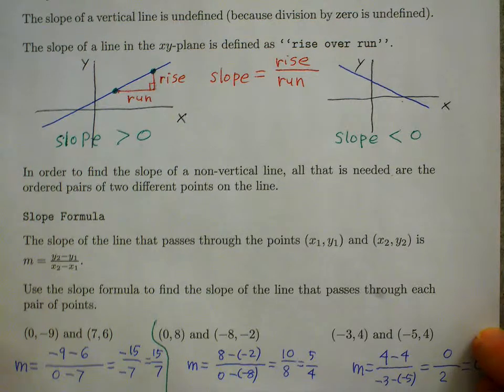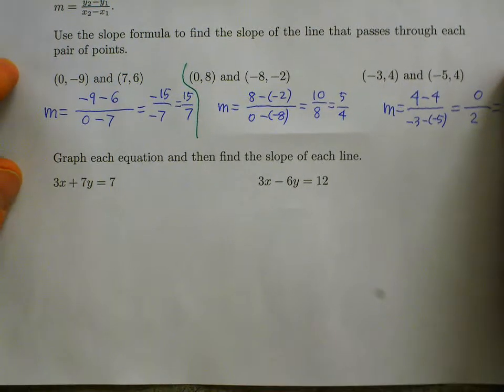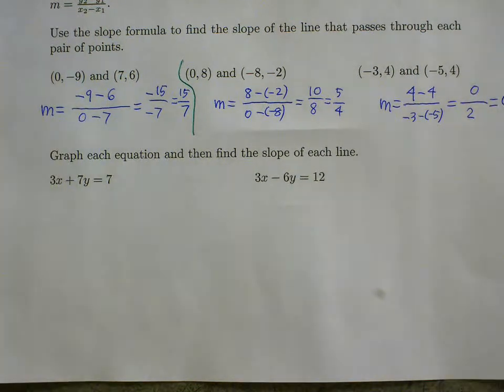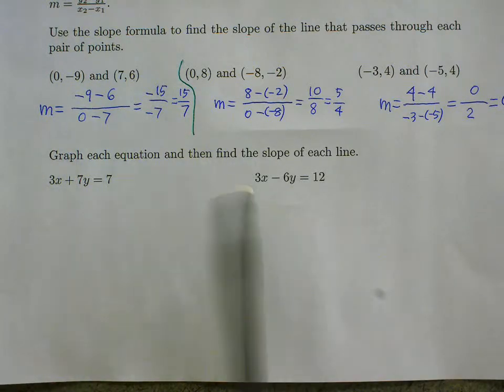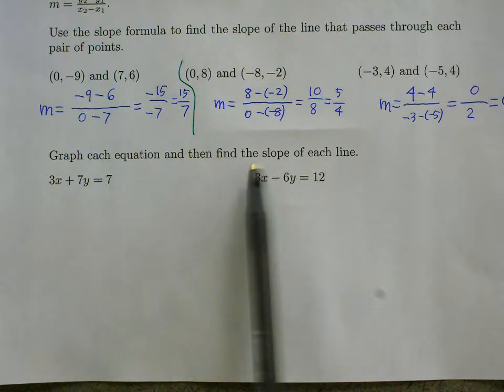Okay, let's do a couple of problems similar to what we've done already in the last class sessions. But in addition to graphing each line, we'll also find the slope.